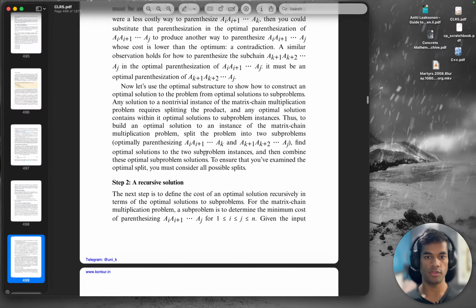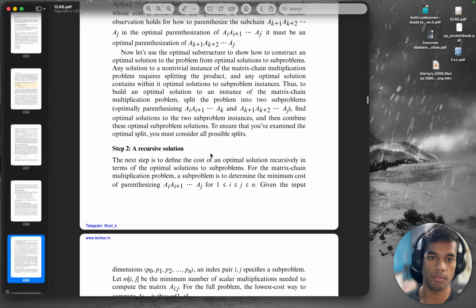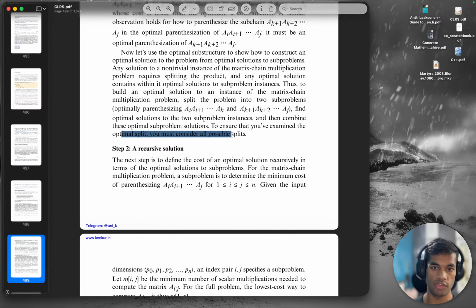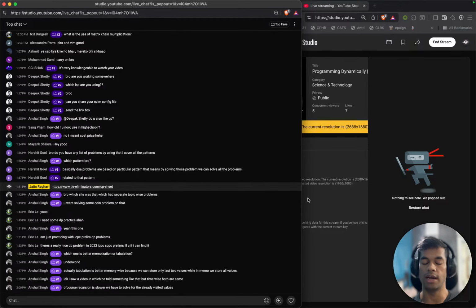Find optimal solutions to the two subproblem instances and then combine these optimal subproblem solutions. To examine the optimal split, I must consider all the ways of splitting this problem into two subproblems. That makes sense.